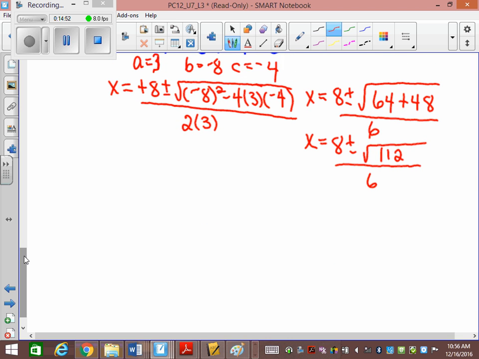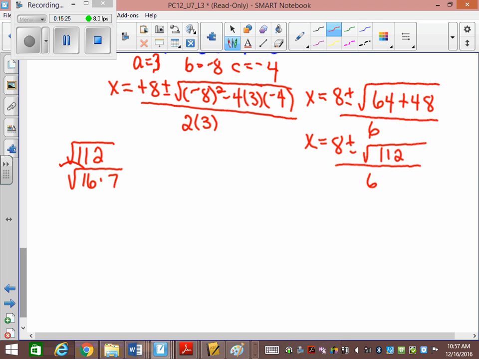Anyone? It's 16. So over here, I'm going to do this. Root 112 can break down into root 16 times 7, right? Because 16 times 7 is 112.